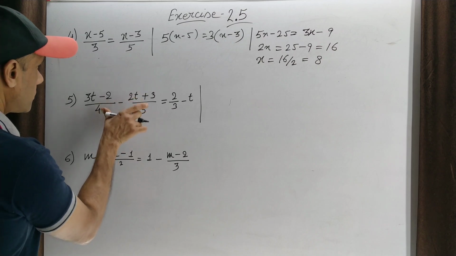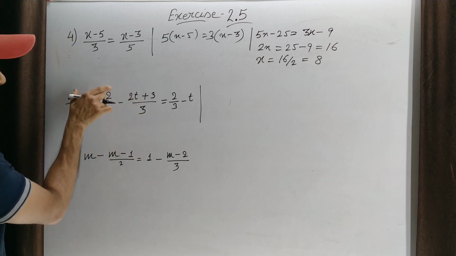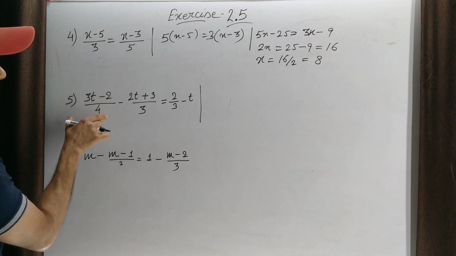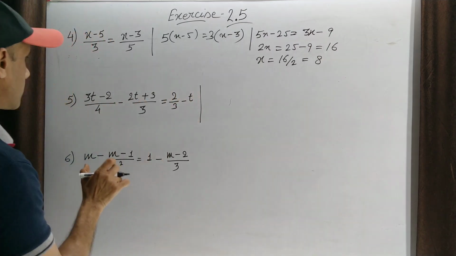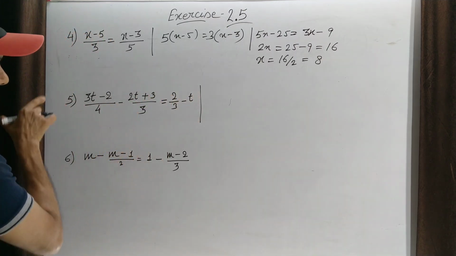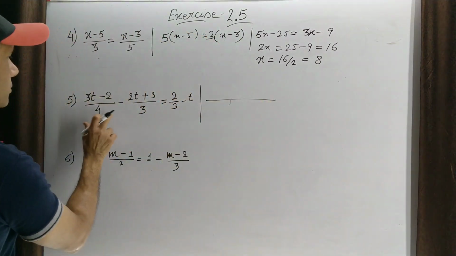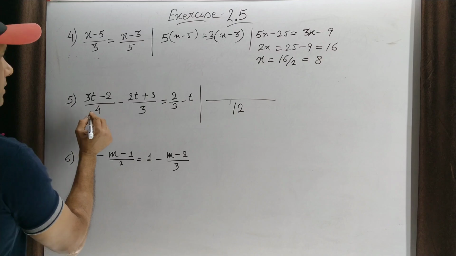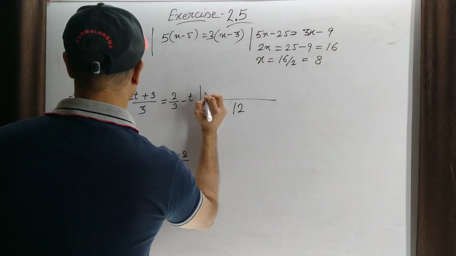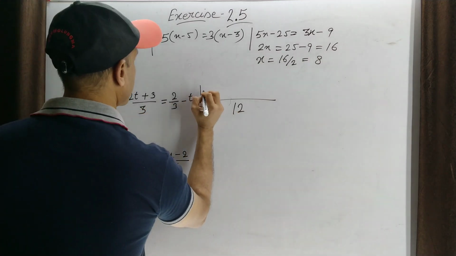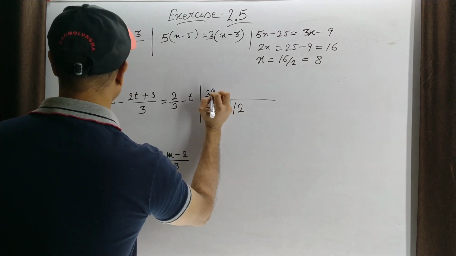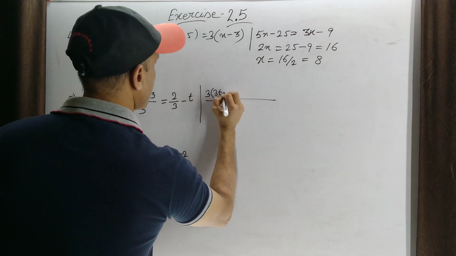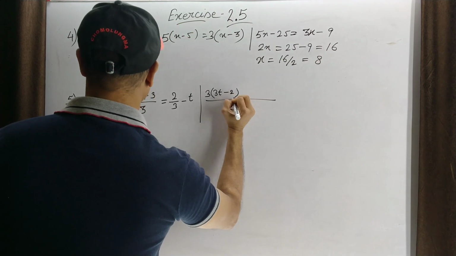So you see it as two parts, okay? Both parts have got variable on the left hand side, and the right hand side has also got variable. So here we take the LCM, so the common denominator is 12, okay? And we write it as 4 divides 12, so we get 3 multiplies 3t minus 2, okay?